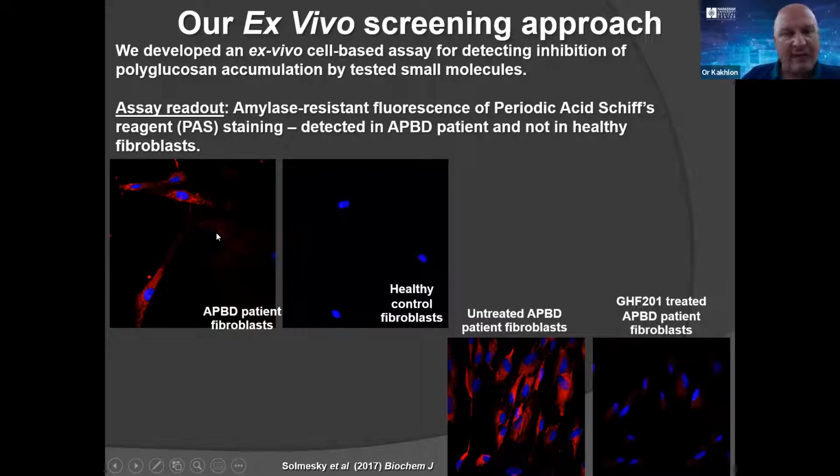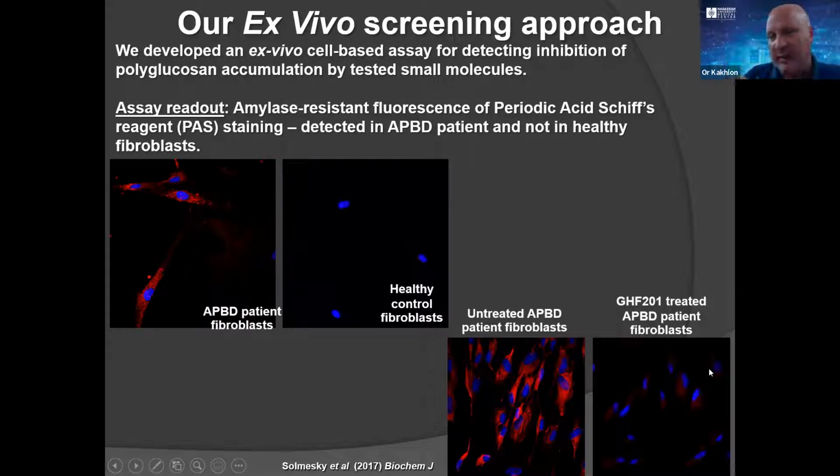Once we have this readout, the next step was to screen for various molecules. We screened more than 10,000 different, very diverse small molecules, and we looked for molecules that turn this into that. So they reduced the polyglucosans.